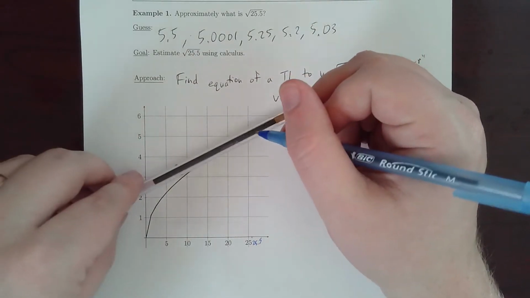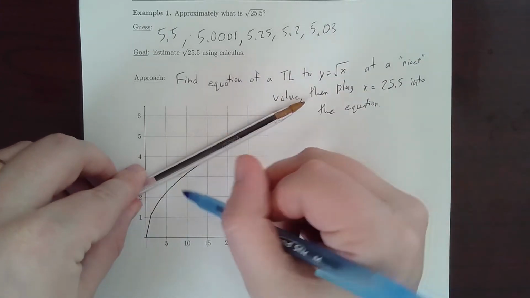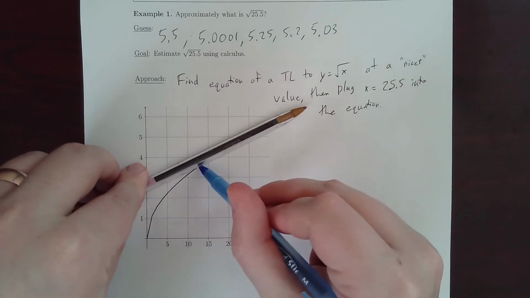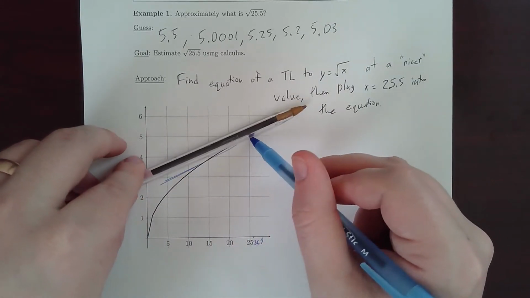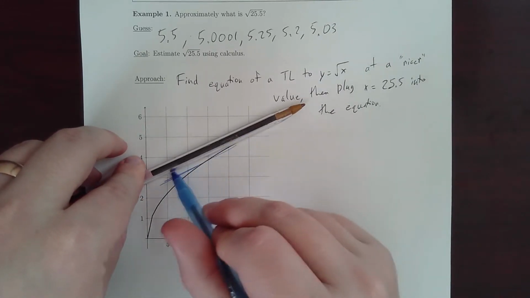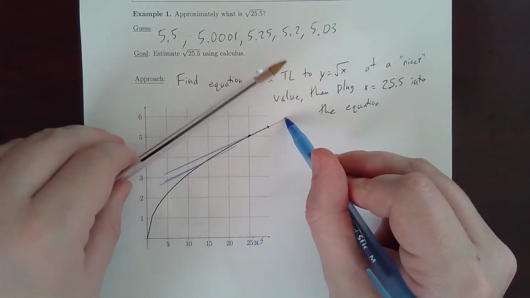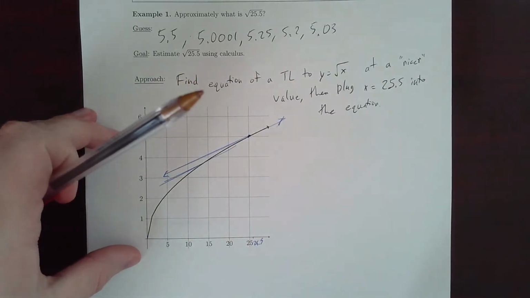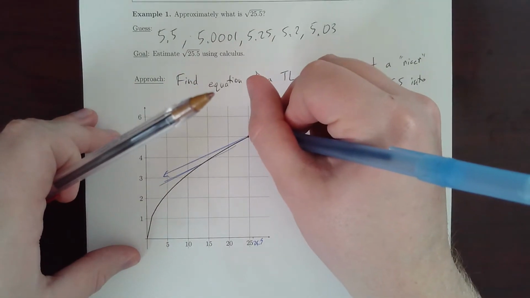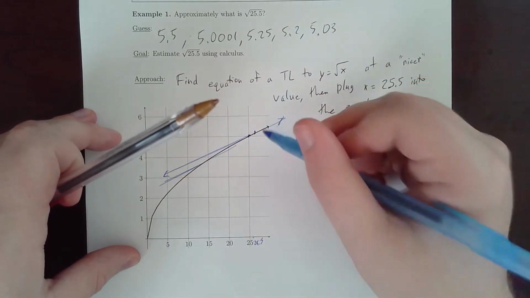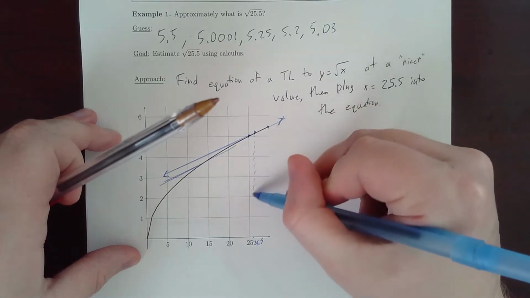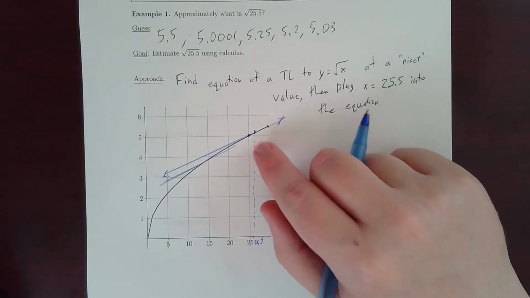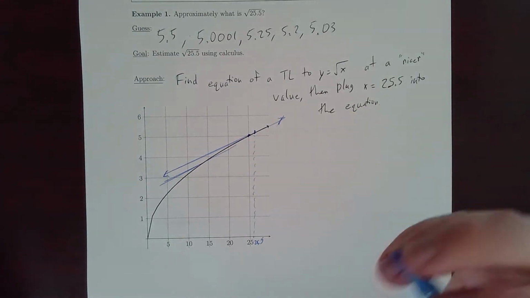And so if we take our tangent line to our graph at this point, essentially we want to look at the value of the function on the tangent line, because that'll be something very, very close.